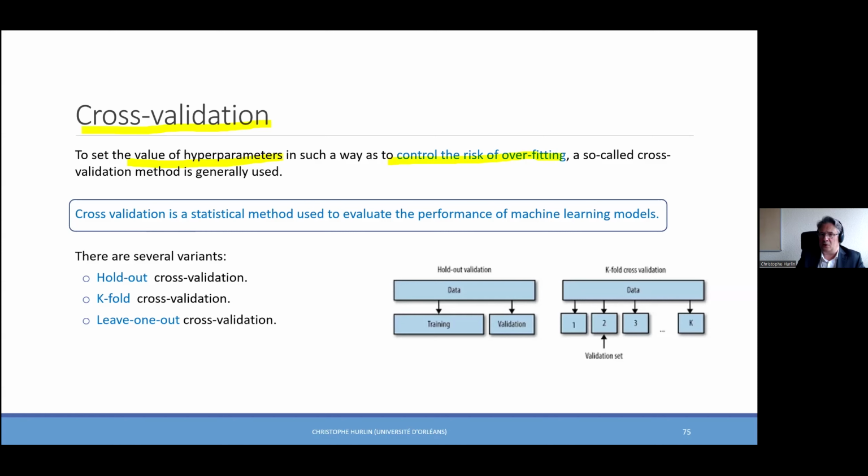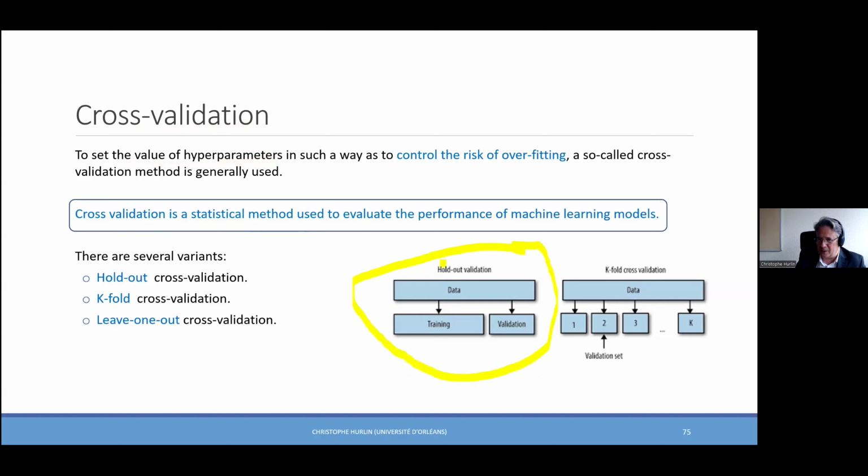Cross-validation is a statistical method used to evaluate the performance of a machine learning model. There are many variants of cross-validation: the hold out, the k-fold, and the leave one out method. I will just discuss the first two, hold out and k-fold, in a few minutes.